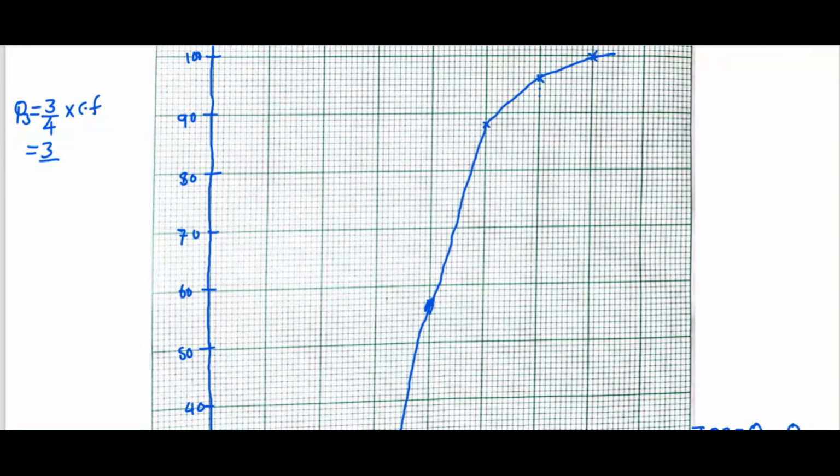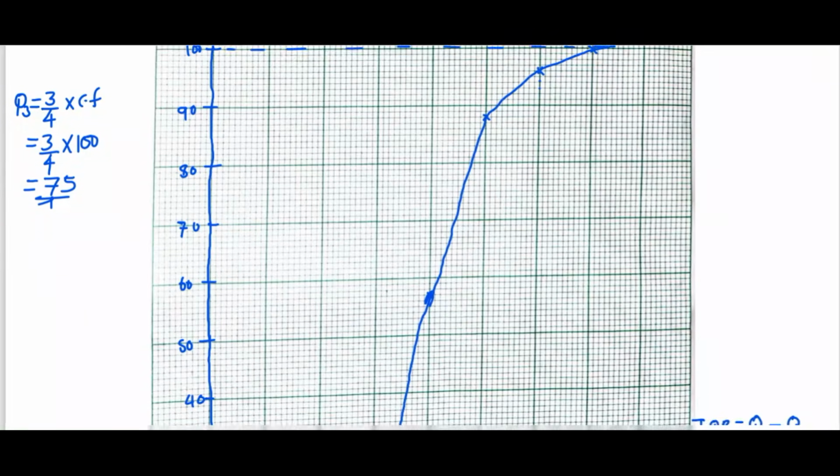The cumulative frequency is the total of the frequency, or the highest number on the y-axis where this curve is reaching. This curve is reaching 100, so it's multiplied by 100. Then 3 over 4 times 100 gives us 75.